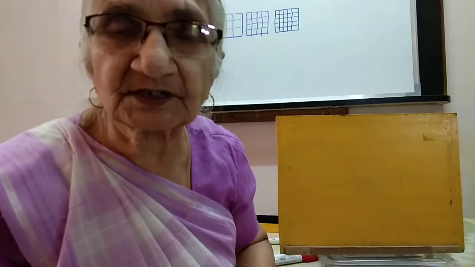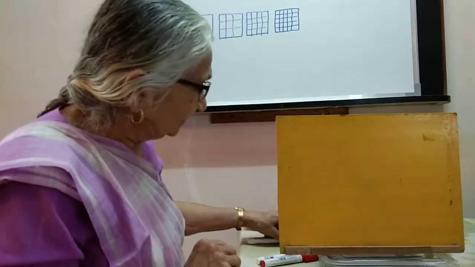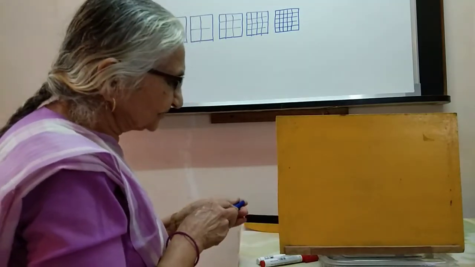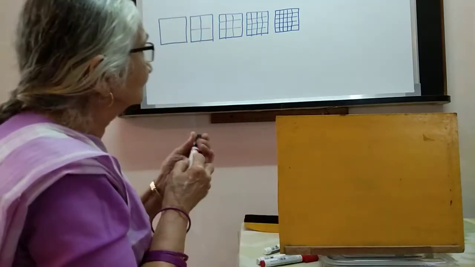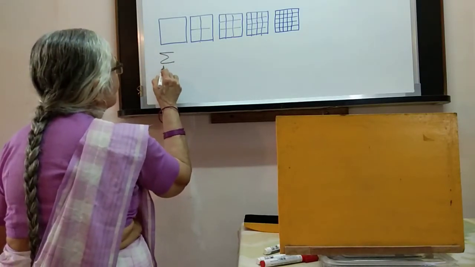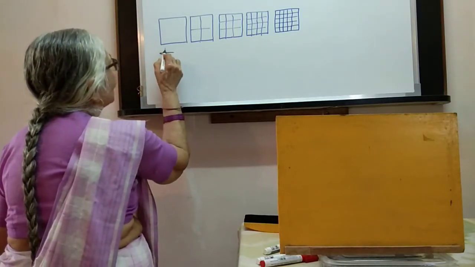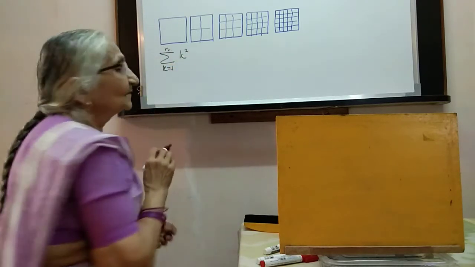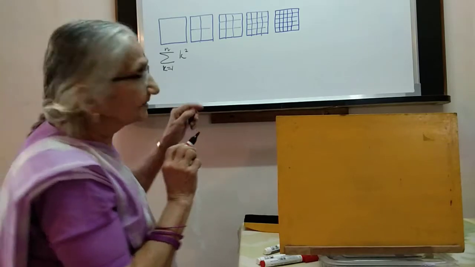We first write down the formula for this summation. The formula is like this. Sigma k equal to 1 to n of k square. And what do we mean by this?